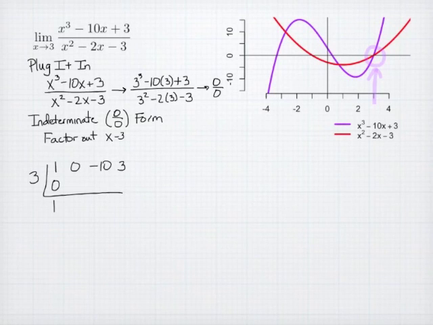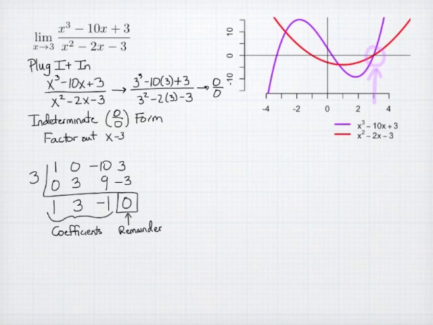We do synthetic division, adding when we do vertical steps, multiplying when we do diagonal steps. And so we find that our remainder is 0. We should have predicted that based on our formula. And the 1, 3, minus 1 are our coefficients of our quotient.